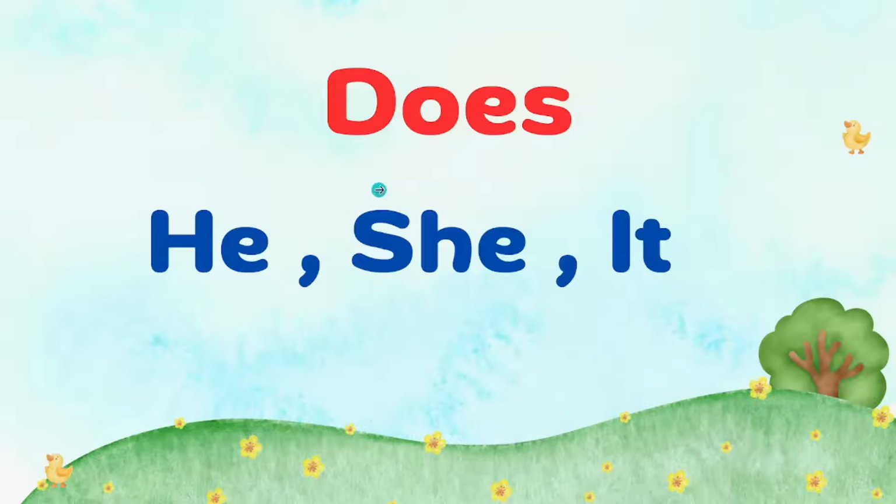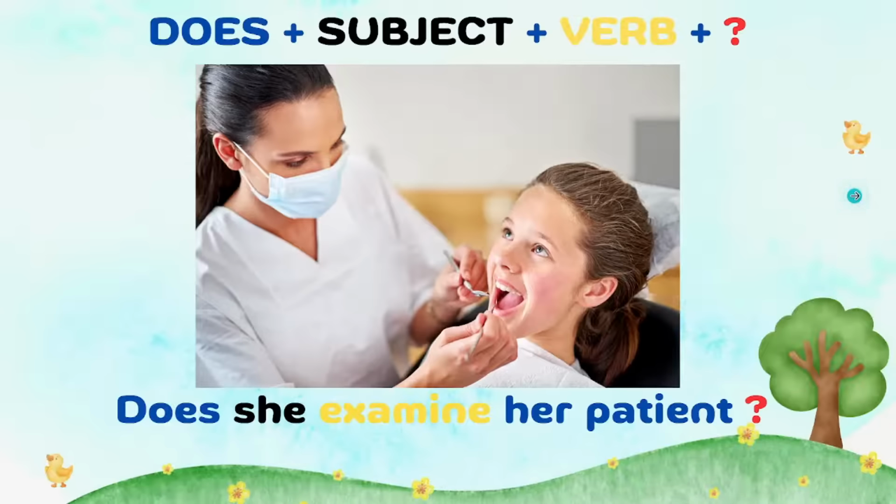For the she, like me, a lady, a woman, a girl. And for the it, you will use this for an animal or for things. So, you will use does. Now, I'll show you an example.